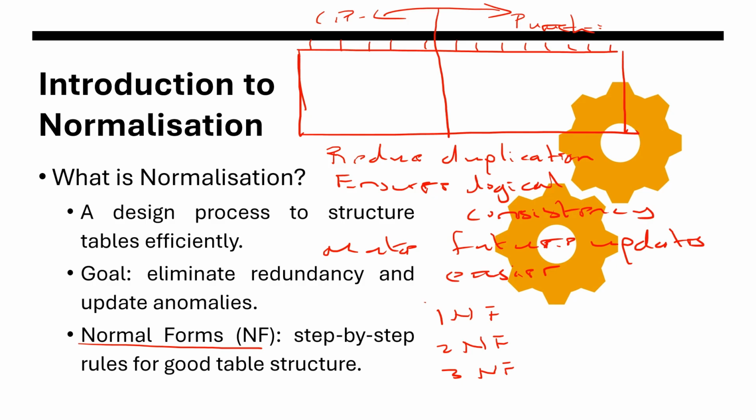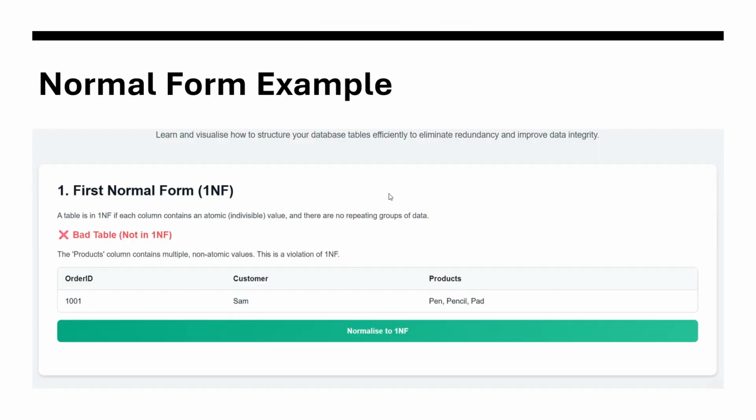Each one eliminates a certain type of problem that you have with regard to a big table. All right. Let's take some examples now to illustrate that.